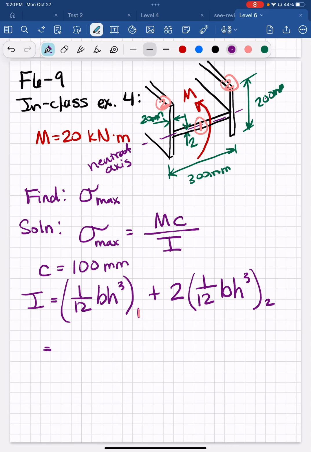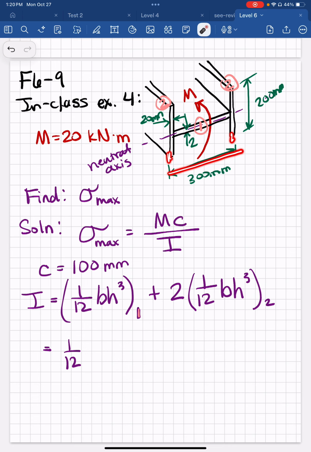So we're looking at the 1 first. 1/12, and the base would be 300 millimeters, all the way from here to here, edge to edge. The actual distance here is going to be that 300 minus this thickness of 20, and then minus another 20.